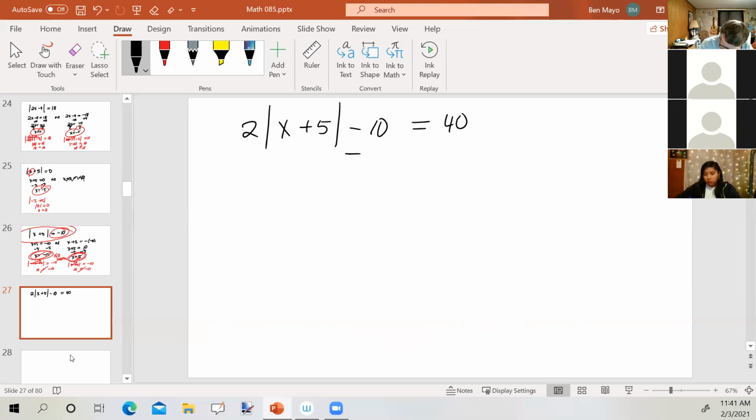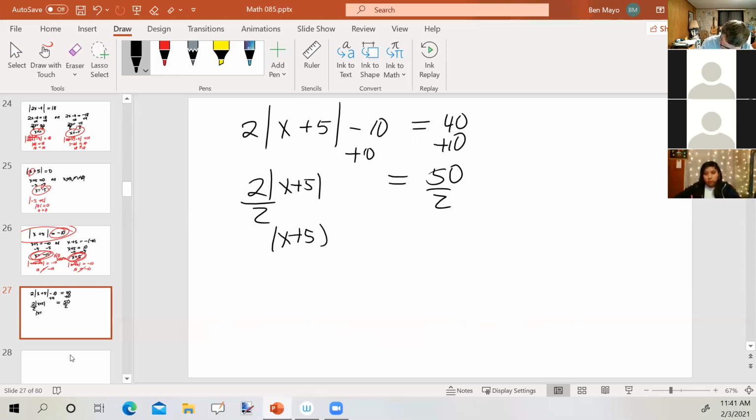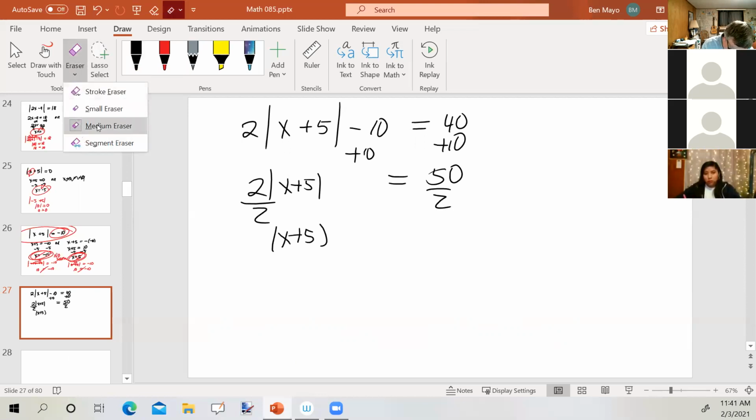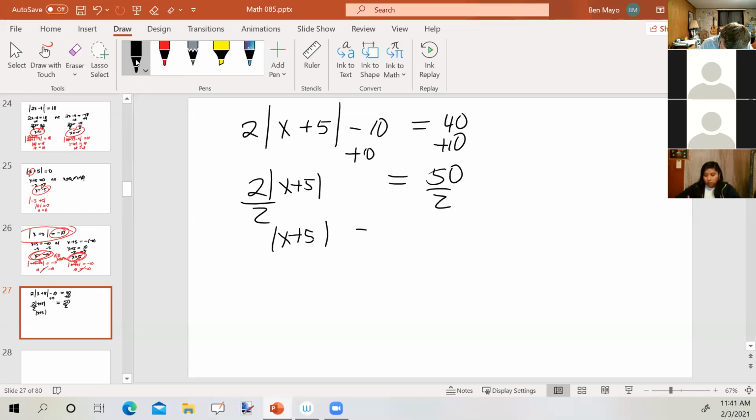So the first thing I'm going to do here, I'm going to add 10. The next thing I'm going to do is divide by 2. So now I've got the absolute value of x plus 5 equals 25.